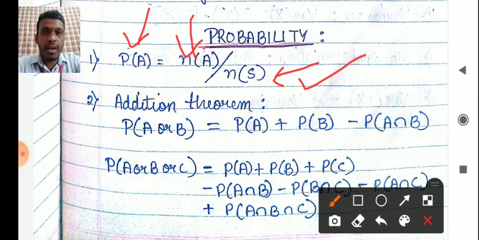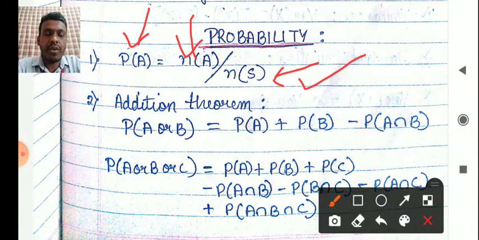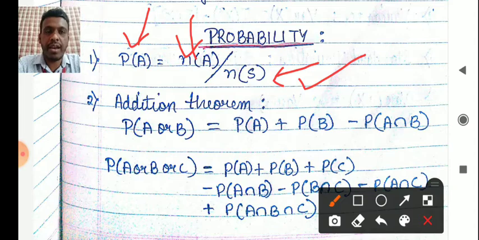Number of possible outcomes of event A, okay, divided by n of S, number of items in the sample space. So probability of A is equal to number of items in set A, that is number of outcomes of event A possible, divided by total number of possible outcomes, that is n of S. It is also equal to the number of items in the sample space.